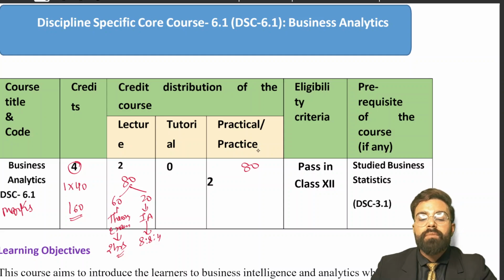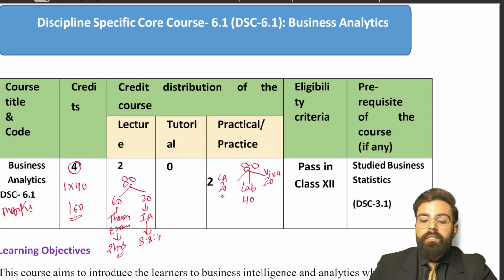If you go for this particular practical component, as it indicates that both the aspects are equally important, you can't just ignore this practical component, right? So the practical component distribution will be 20 for your CA, that is continuous assessment, 40 marks for the lab exam, and the remaining 20 marks will be considered as your Viva.